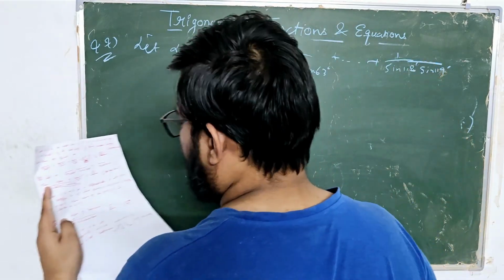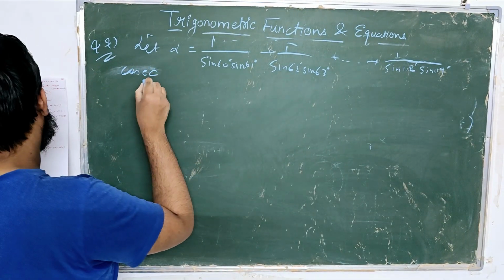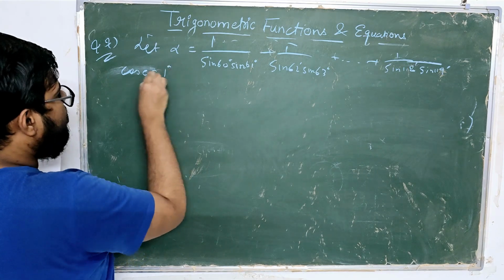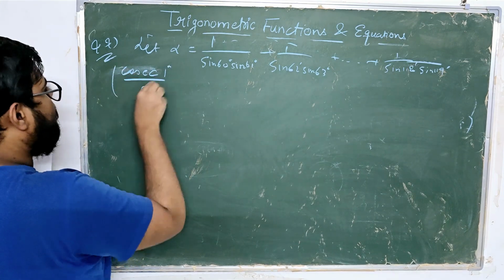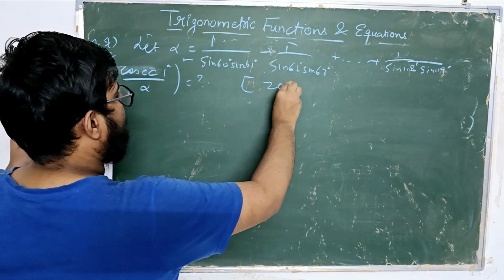Okay, so we have to find the value of (cosec 1 degree by alpha) whole square. It is from 2025 JEE Advanced.